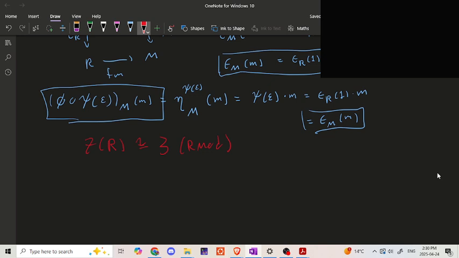So, of course, we also already have that if I have two categories, C and D, and those categories are equivalent, then the centers of those categories will be isomorphic as commutative monoids.